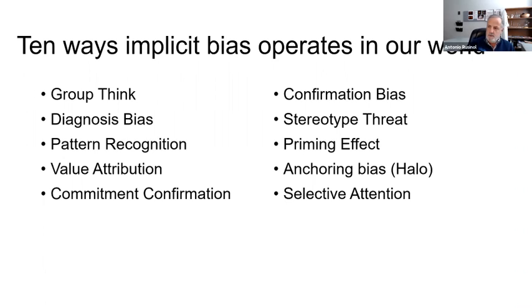Groupthink is the one we just saw, where our actions are influenced by your environment, the people you are with, etc. Confirmation bias, very common nowadays with Facebook, the news, Google, is the tendency to confirm your own beliefs by screening information and accepting only information that fits your beliefs. Stereotype threat. That's also very common.